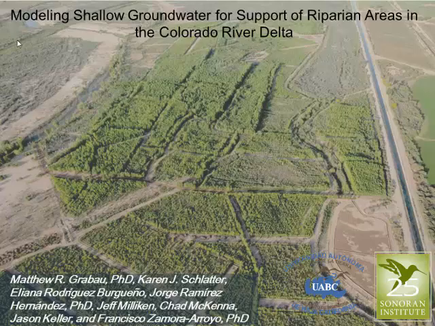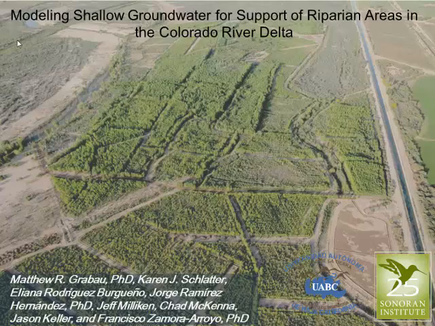My co-authors are Karen Schlatter, who you all heard talk now, and Francisco Zamora from Sonoran Institute. Eliana and Jorge are both from UABC, Chad McKenna is from Geosystems, and Jeff Milliken works for the Bureau of Reclamation Lower Colorado Regional Office.